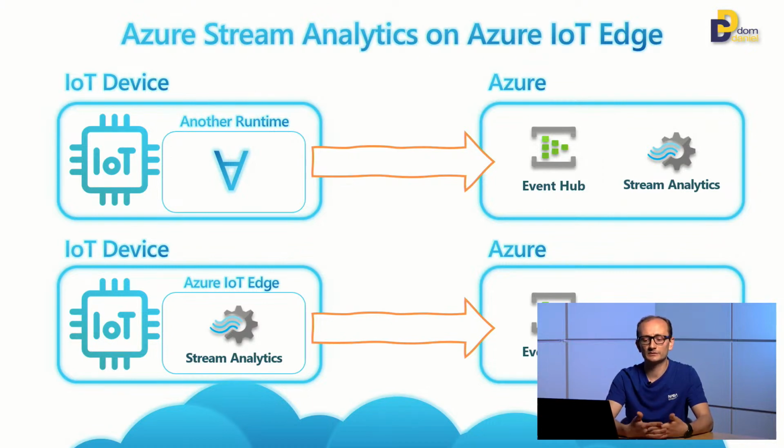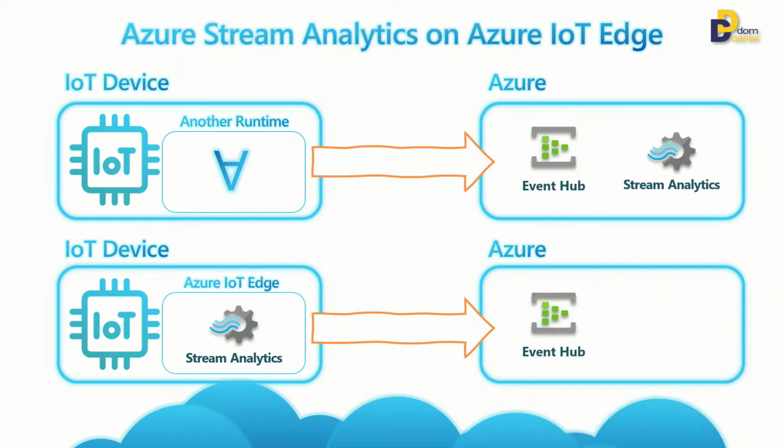But here is a feature: we have the Azure IoT Edge runtime on our IoT device. We can have Stream Analytics here and delegate only those events that have value for us. And with this, we can decrease the amount of events that we are going to transfer to Azure.